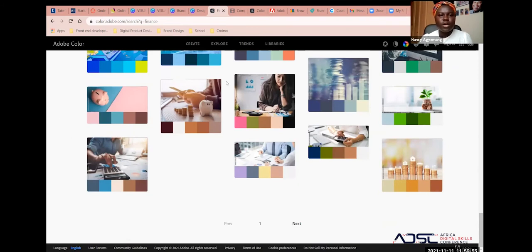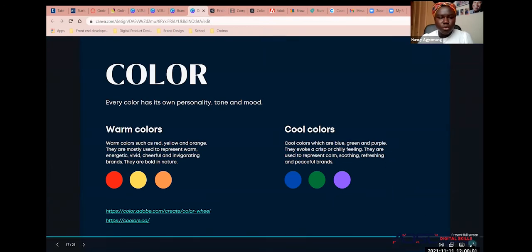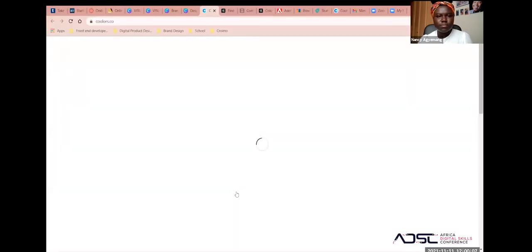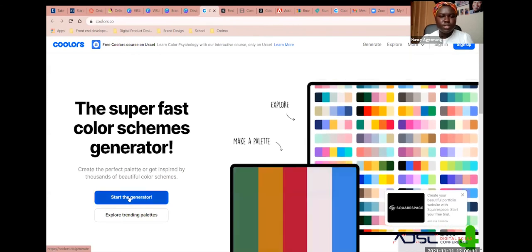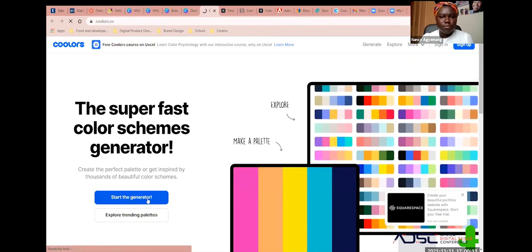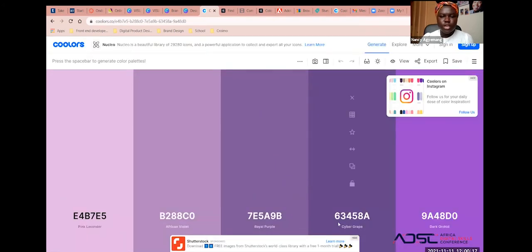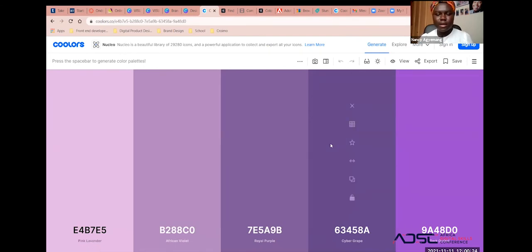It's the same for the other one that I showed. So it's the same for Coolors. So let's also try that. With this one, you can start the generator and you click on it. This is what you get. So with this one, it's some form of a fun way to find color palettes.